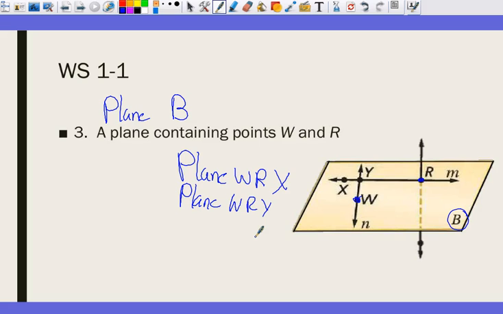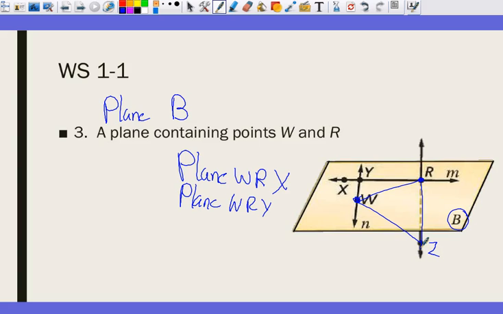There's actually a hidden plane that's not drawn in. That's also another answer. Does anyone see where it is? Well, it's just not drawn in like the lines. It's there. 100% correct. W, R, Z. That would be another plane. Now, that looks really weird because in 2D, what it would look like in 3 dimensions, if this is plane B, you guys see how that's plane B?